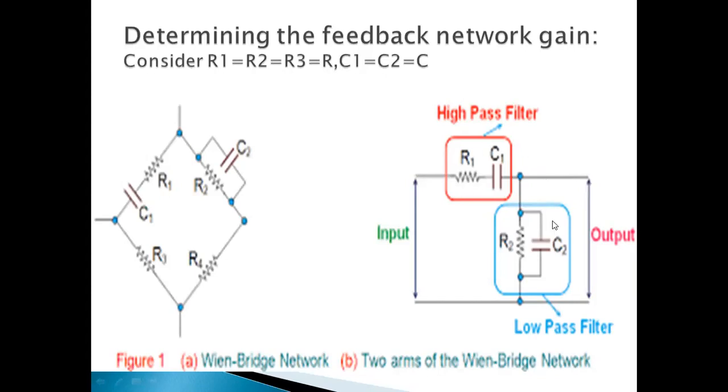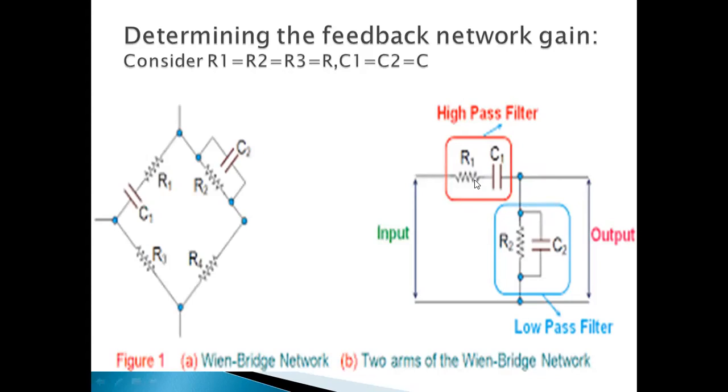Here we have two impedances, Z1 and Z2. Z1 is the series combination of R1 and C1. Z2 is the parallel combination of R2 and C2.